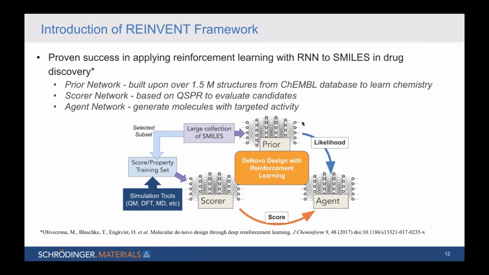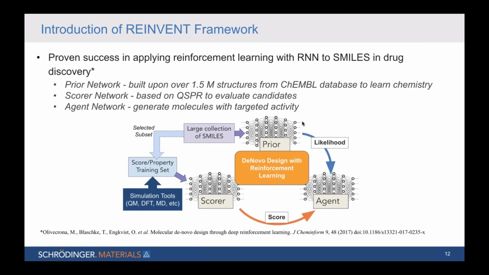The other part is: how do we know what kind of property the machine learning model should generate? That is what we call the scorer network. This is a second training data set to provide property training for the machine learning model.